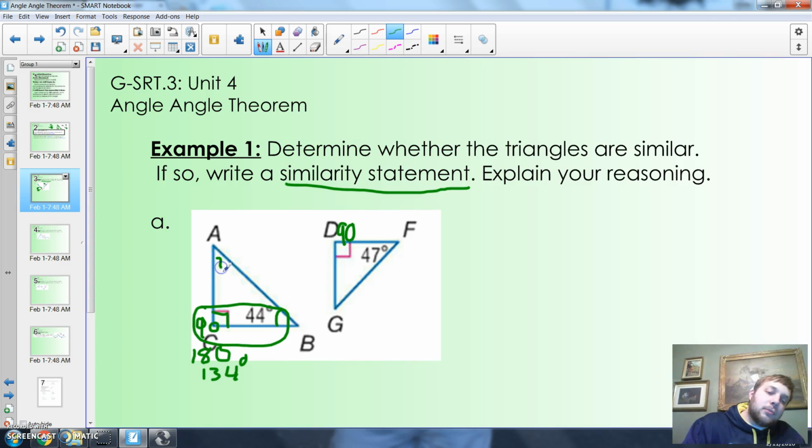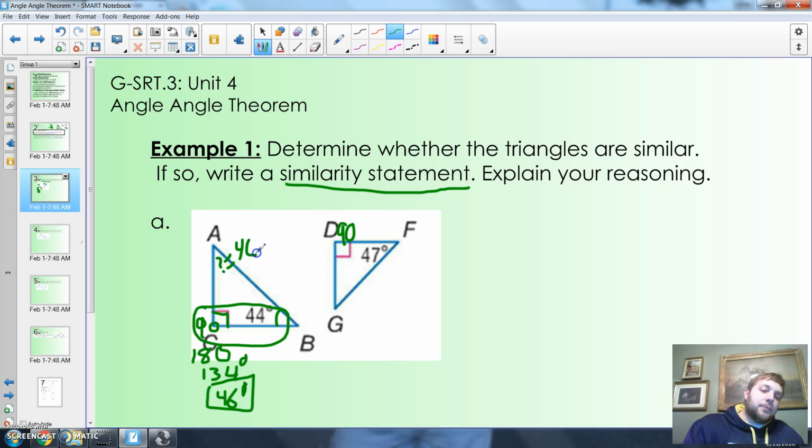has to be around 46 degrees last I checked. Alright, that has to be 46 degrees.